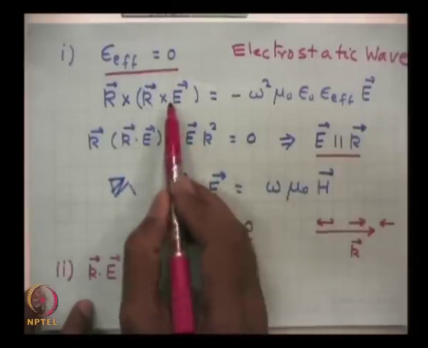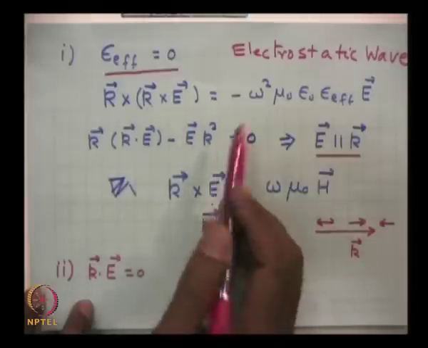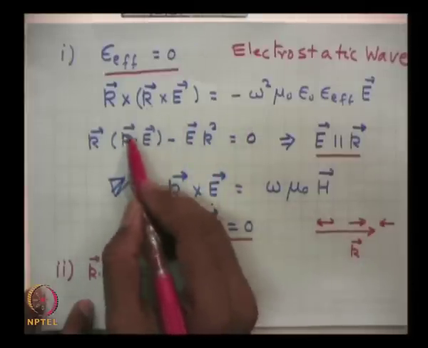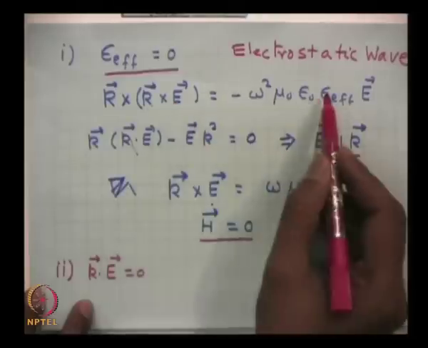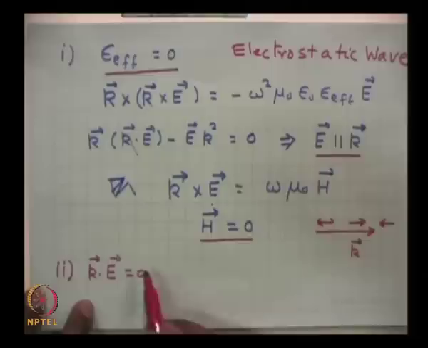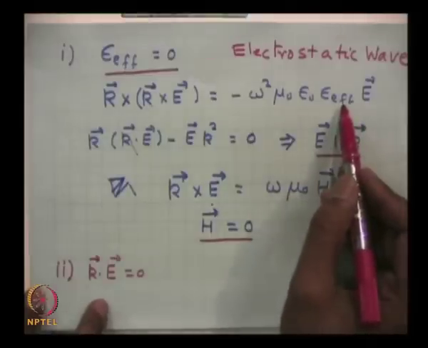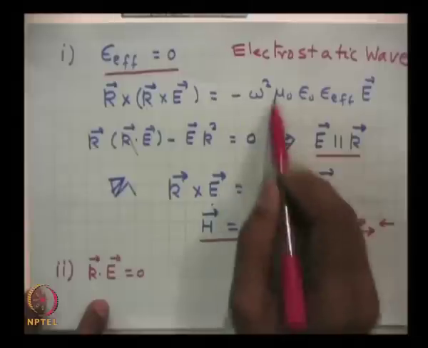This is the expansion of this term. So, if I choose k dot E equal to 0, only this will survive. So, put this in place of here and equate through this, because in this case epsilon effective is non-zero. So, the right hand side is not 0.